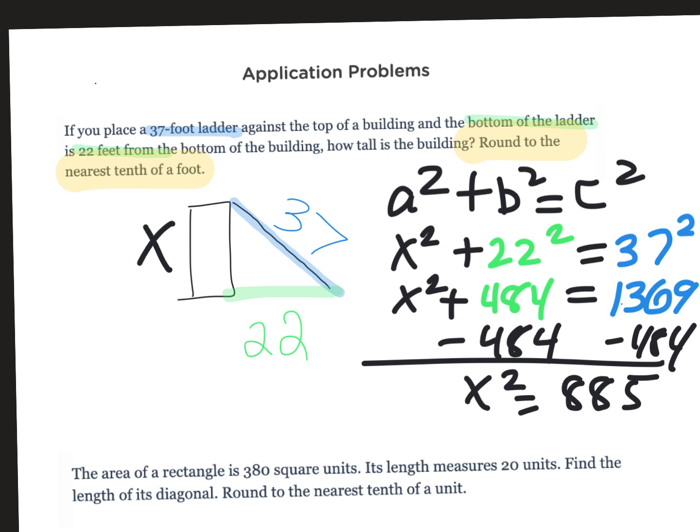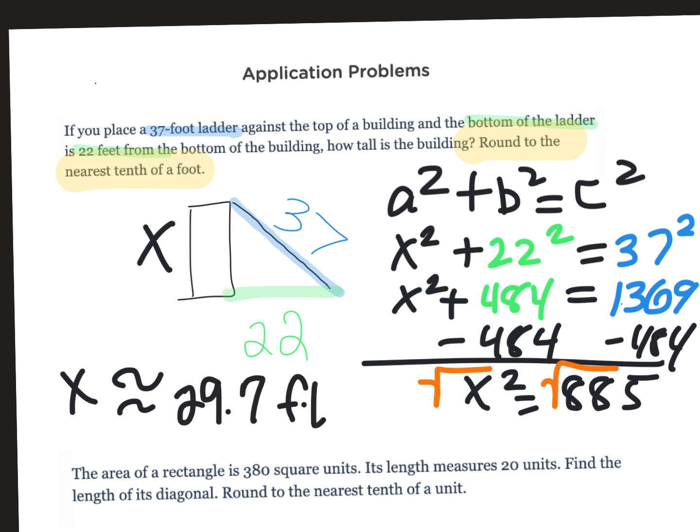So the square root of 885, rounded to the nearest tenth, is approximately 29.7 feet. So all it is is a Pythagorean theorem problem in disguise.